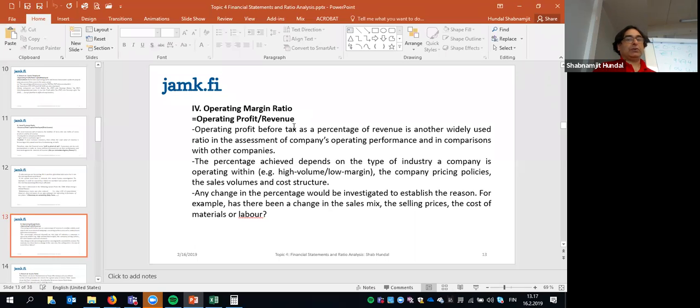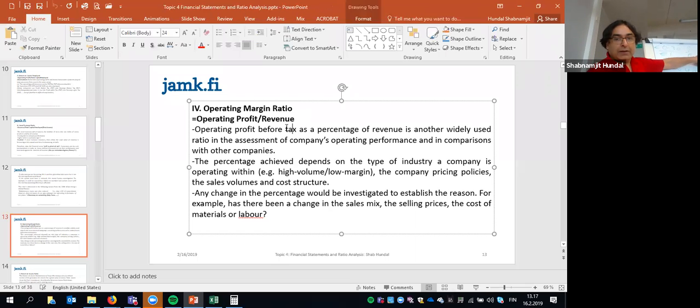And the implication of this ratio is that if this ratio is 0.40, it means that every €1 you earn, not invest or finance, not spending or anything, every €1 you earn as revenue, 40% is because of the company's operations.